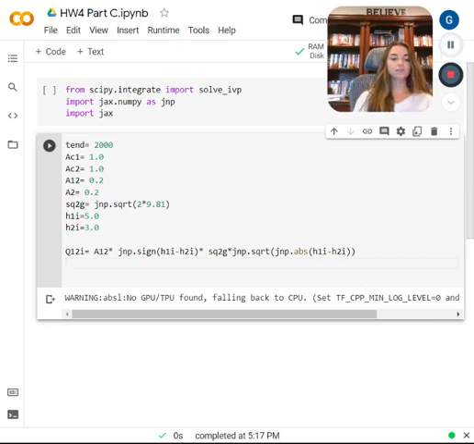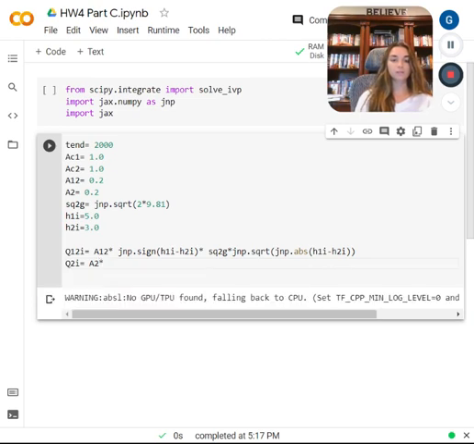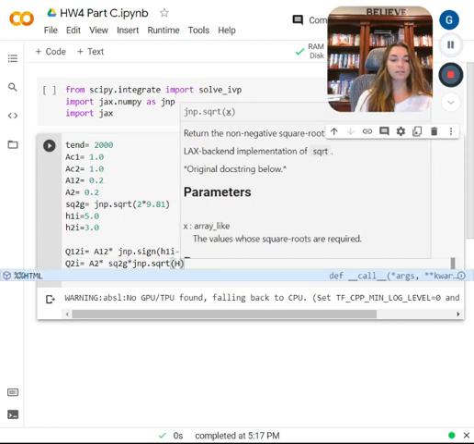And then we want to go ahead and put in our equation for the initial flow rate at tank 2, which is going to be the area of tank 2 times the square root of 2 times our gravity constant times np.sqrt of the initial height at tank 2.